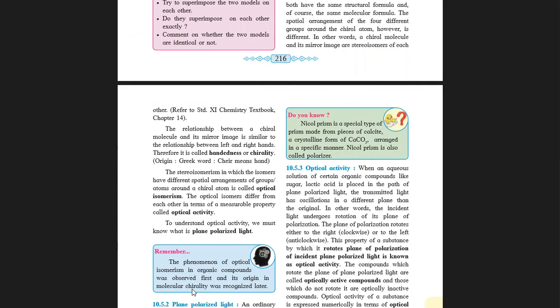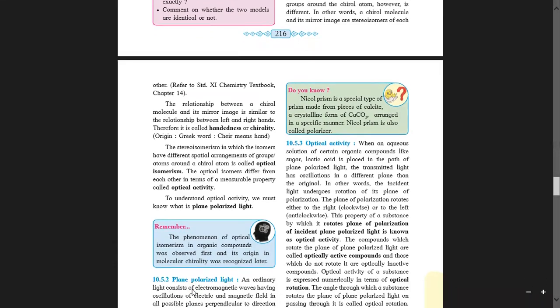If you put your left hand on your right hand, they are completely superimposable, but if its mirror image is taken, then it is non-superimposable. Therefore, it is called handedness, or chirality. The meaning of chiral is an asymmetric carbon atom.